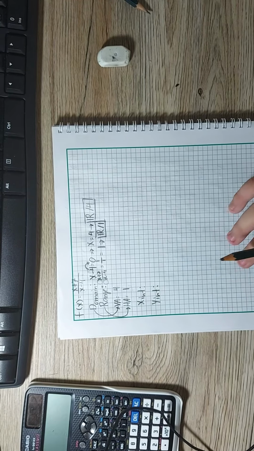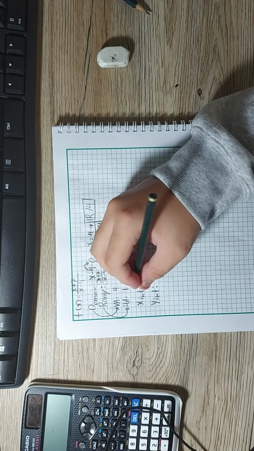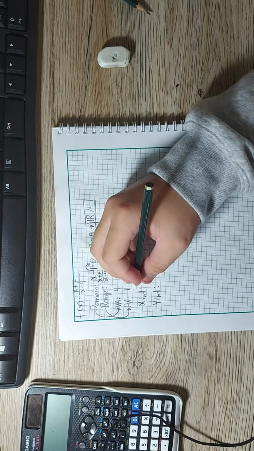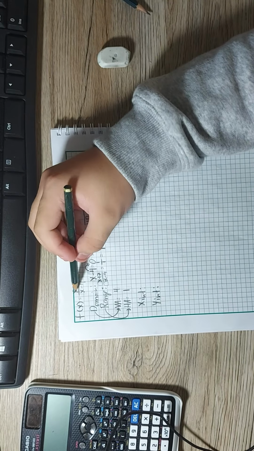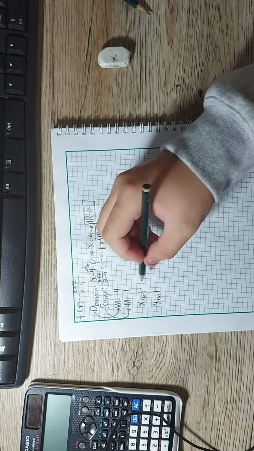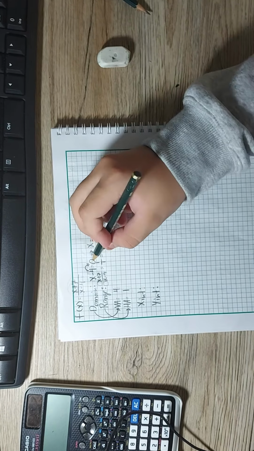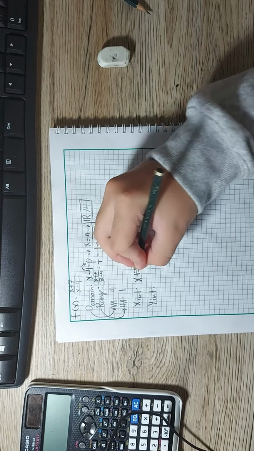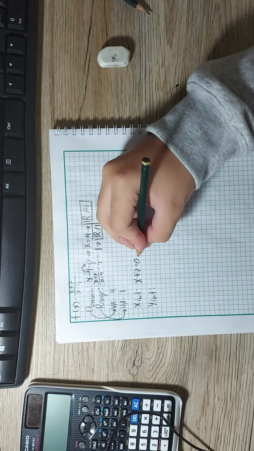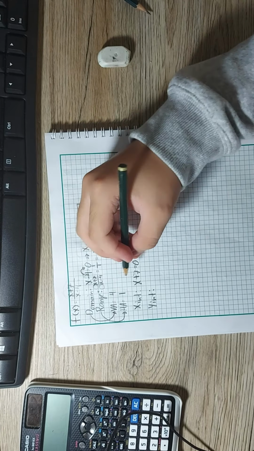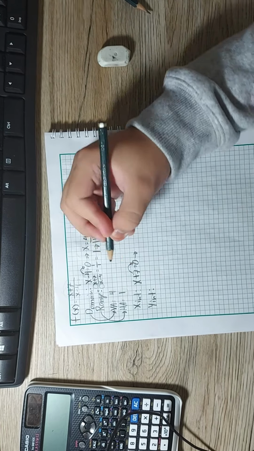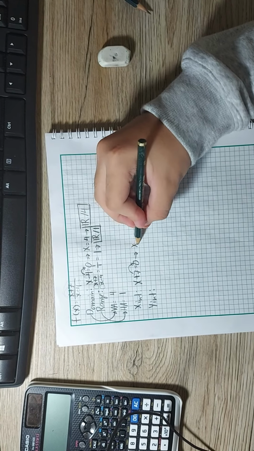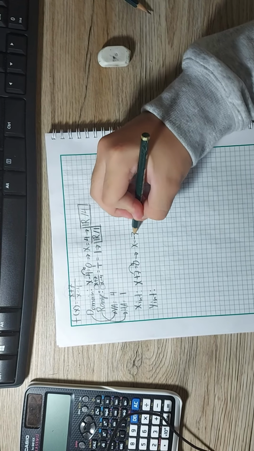So now, looking for the x-intercept, we have to get the numerator this time to be equivalent to 0. So that's x plus 7 equals 0. Now, transpose 7, and you're going to get x is equal to negative 7.